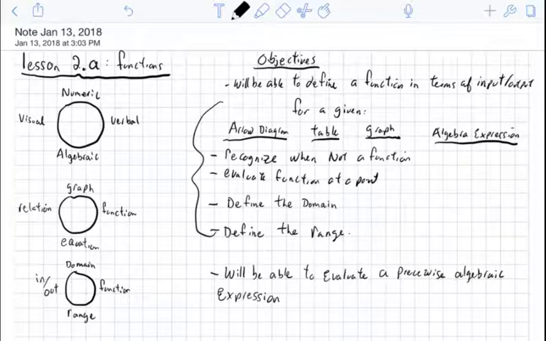So this is an introduction to a concept called functions, and functions are ubiquitous in mathematics. That means you see them a lot. They show up in lots of different types of math, including calculus. So we're going to talk about it. It is fairly conceptual.